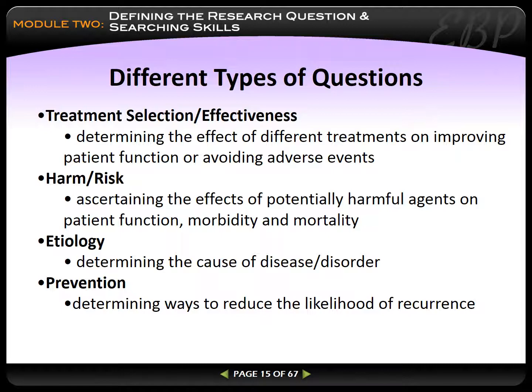And it would be the same in manual therapy. Prevention is difficult. Like if we looked at a falls prevention program, for example, it's very difficult to prove whether it's effective because you're looking for events to happen. So there are ways to look at that type of question, and we'll talk about those later.